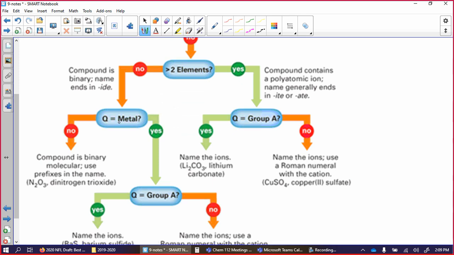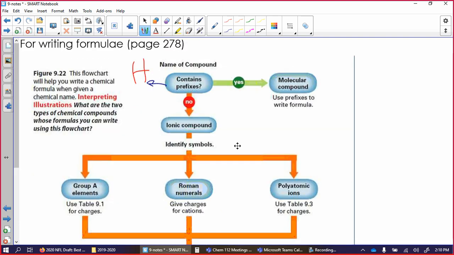I personally look for the ones that have no metals, because if it has no metal, it has to be molecular, and we go to prefixes. And then I go to the two ionic ones and have to justify, do I need a Roman numeral or not, based on polyatomic ions. But that's one possible flowchart to follow.